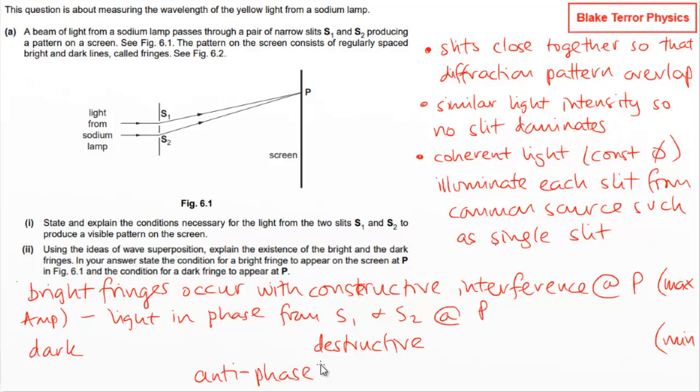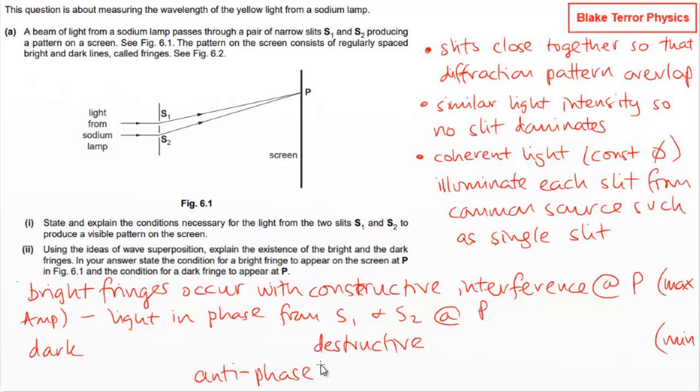You can write about it as saying that, for the bright fringes, the path difference is going to have to be an integer number of wavelengths. That's fine, although you are assuming that they're going to be in phase at the slits. And then if you've got an integer number of wavelengths difference in the path to P, they'll be back in phase again.